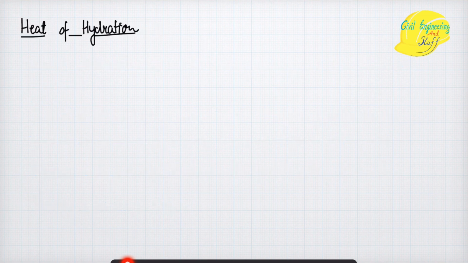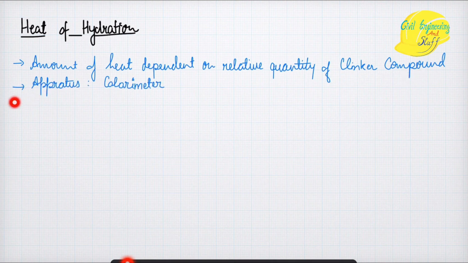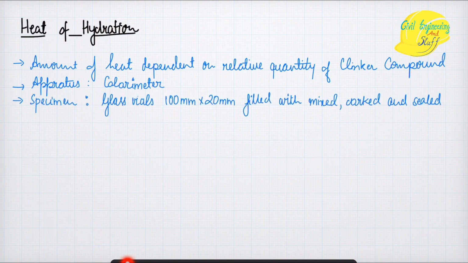Okay, so the next test is heat of hydration. The heat of hydration depends upon the quantitative compounds that are present in the clinker compound. The apparatus that is used to assess the heat of hydration is called a calorimeter.